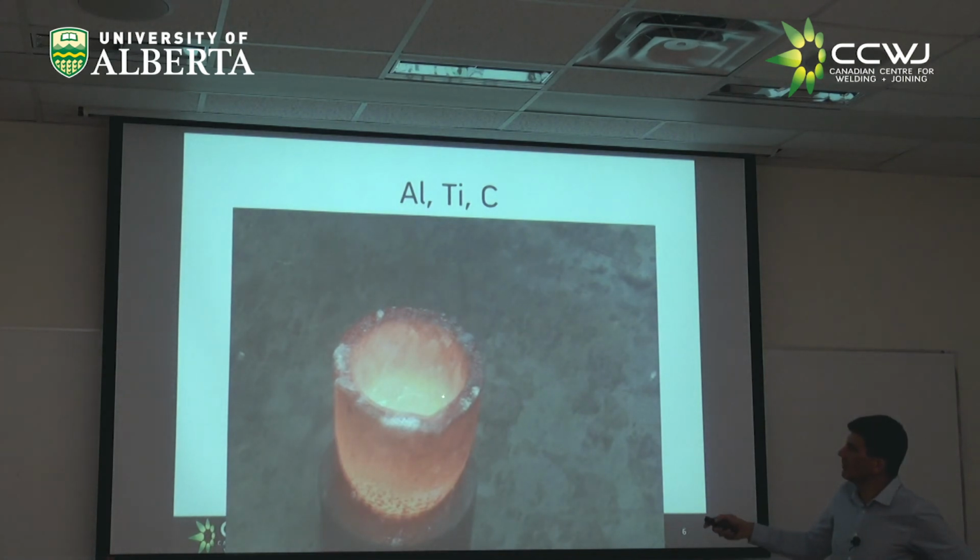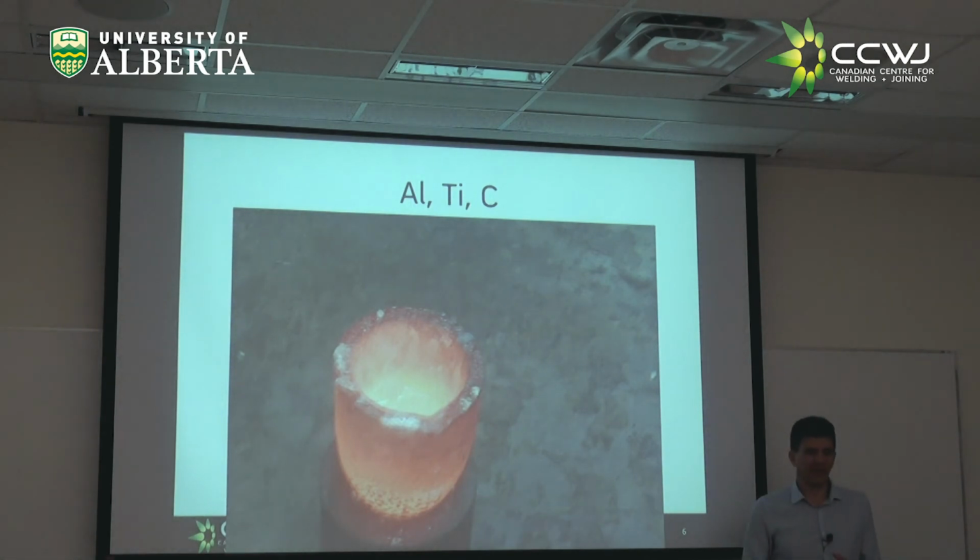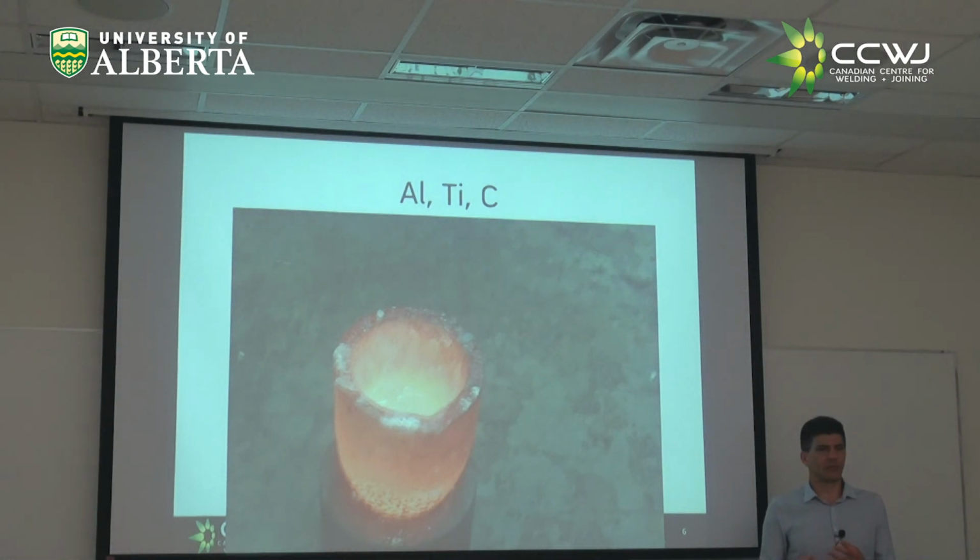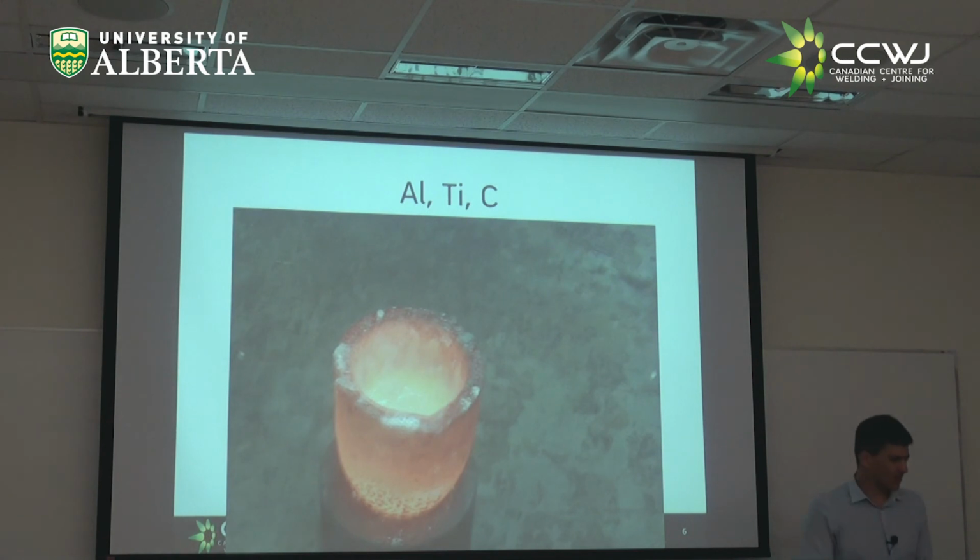So here we have a crucible, and we have molten aluminum here. So they put molten aluminum and pellets of titanium and graphite. And the idea was that the titanium and the graphite would catalyze and become a titanium carbide, releasing lots of energy, but also becoming a ceramic reinforcement to the molten aluminum, right?